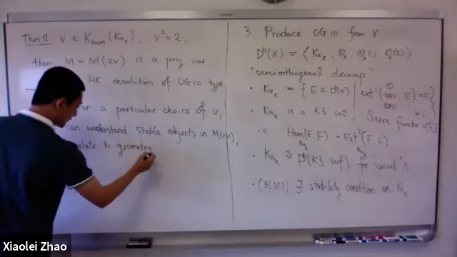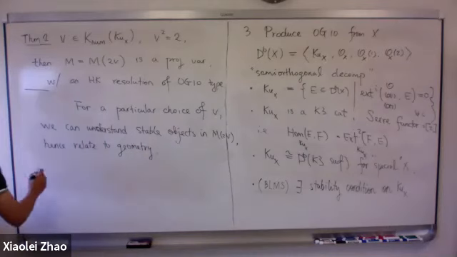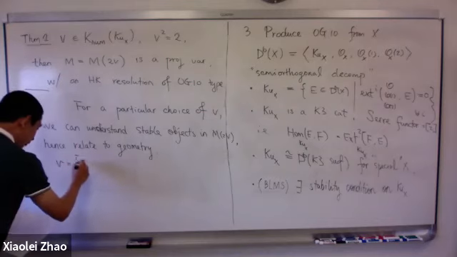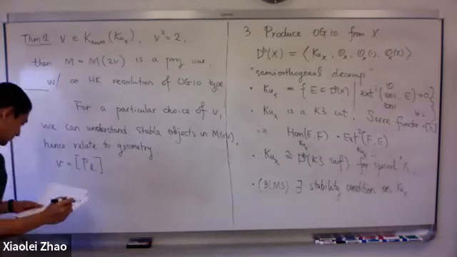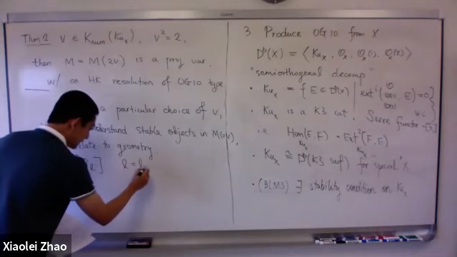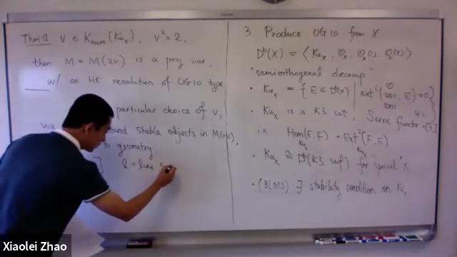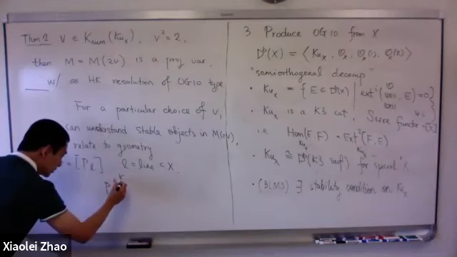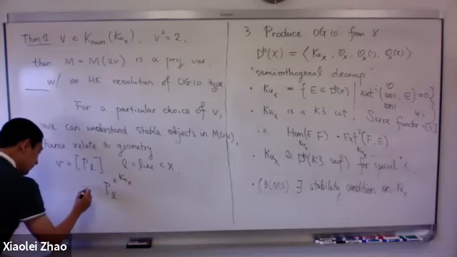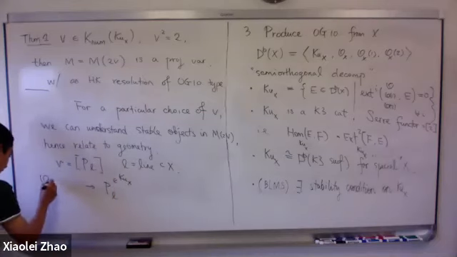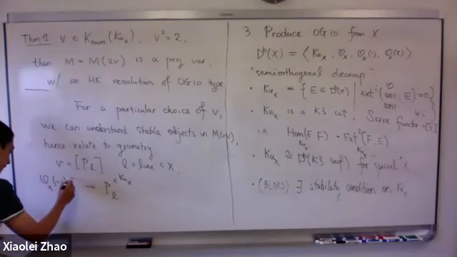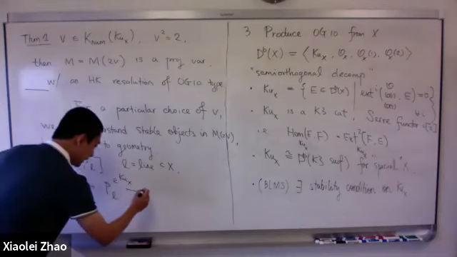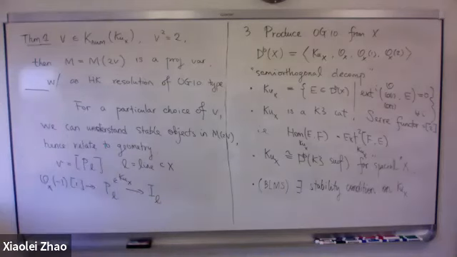Okay, so precisely, let me at least write down something here. I can take v to be the class of P_L, where L is a line inside my cubic fourfold, and this P_L is an object inside the Kuznetsov component of X, which is given by the following extension. If you do the computation, you can see that O(-1) shifted by 1 on this cubic fourfold has a unique extension to the ideal sheaf of the line.